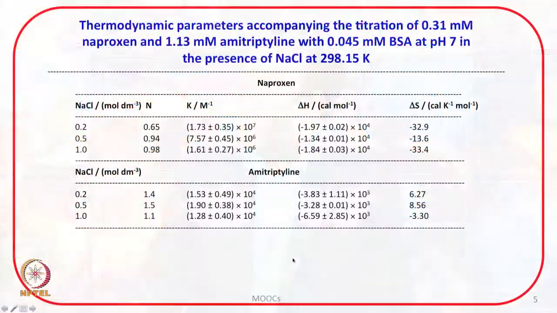Now, let us take a look at the table again for the data with amitriptyline. Increasing the concentration of sodium chloride from 0.2 molar to 0.5 molar to 1 molar did not change the order of the binding constant, clearly suggesting that sodium chloride is not able to affect the binding interactions of amitriptyline with serum albumin.